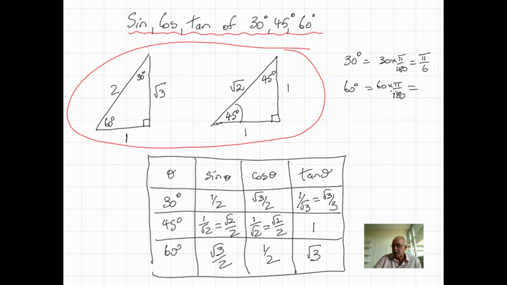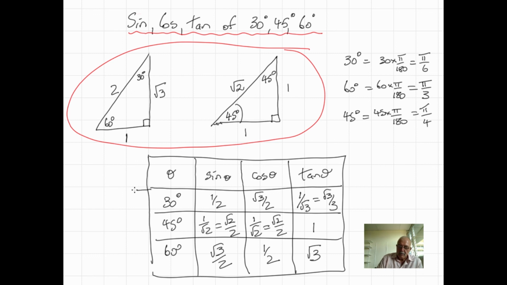And 60 goes into 180 3 times, so that'll be pi on 3. And 45 degrees will be 45 times pi on 180. 45 goes into that 4 times, so that'll be pi over 4.